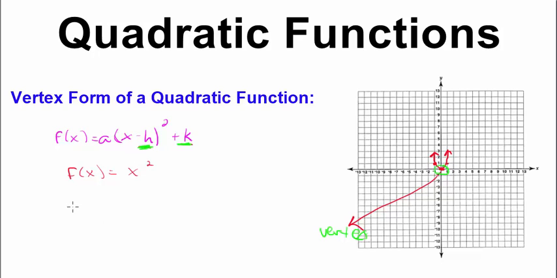So for example, if I have f of x equals the quantity x minus 2 squared plus 1, you're moving each and every point to the right 2 units, up 1 unit, including the vertex, which means now the vertex is the ordered pair 2, 1. So this is vertex form, where h, k is the vertex.